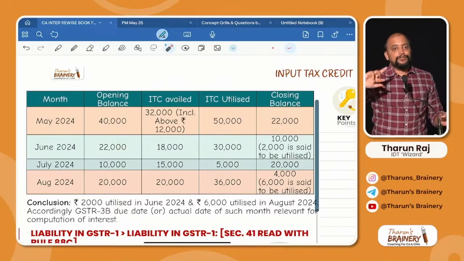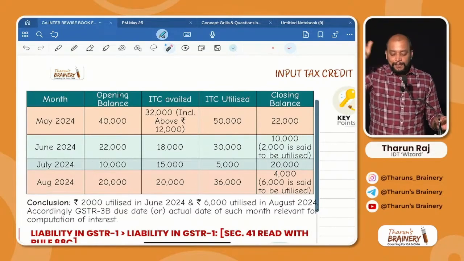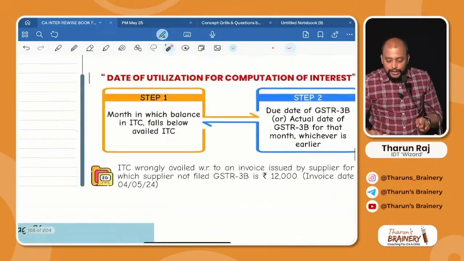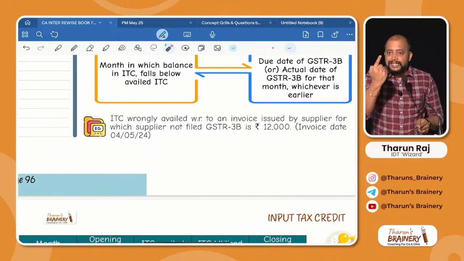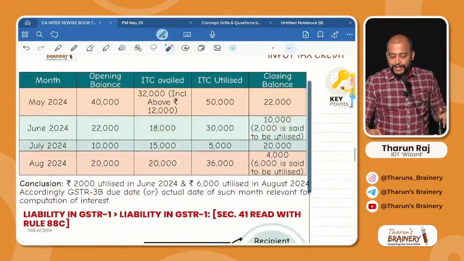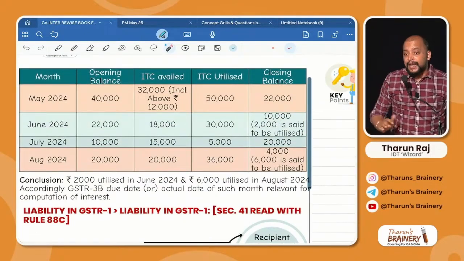May 2024 opening 40, meaning the previous month's closing, plus ITC availed 32, including in this 32 this 12,000. Got it? In that 32, one invoice belongs to that supplier. Now, what is the ITC utilized? 50.